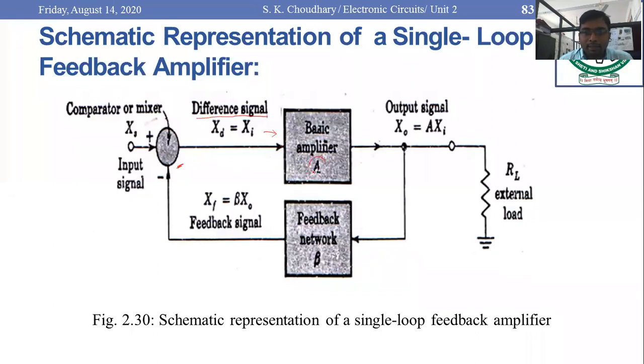The basic amplifier has the gain A, and its output is available to the load resistor here. Some amount of the output signal is fed back to the feedback network, having passive devices and the reverse transmission ratio of beta, and the output of the feedback network, the feedback signal XF, is available to the comparator or mixer network.